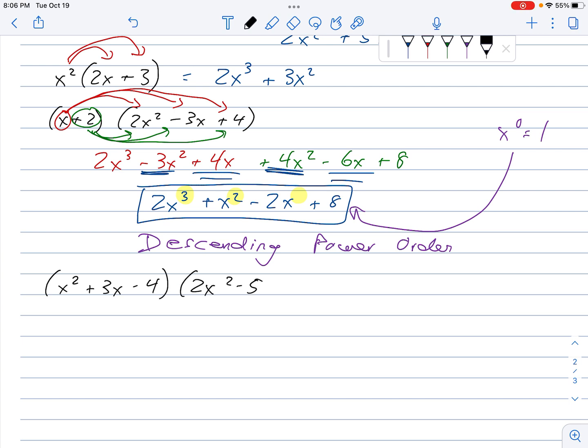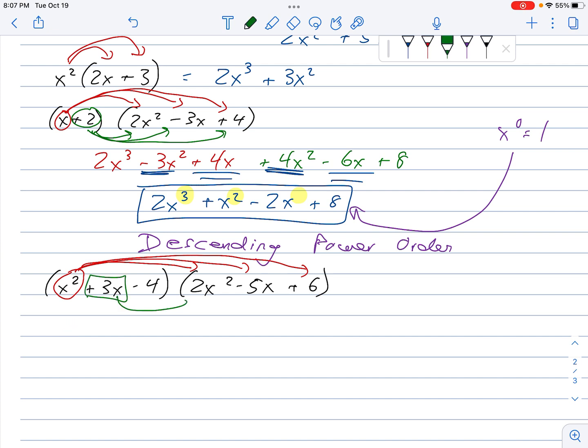I'll start it just to show you how I would do it. Same thing I just said. First term into all 3. Second term into all 3. Third term into all 3. All right, so here's my x squared going into all 3 terms, and I won't write it, but you can do that later.